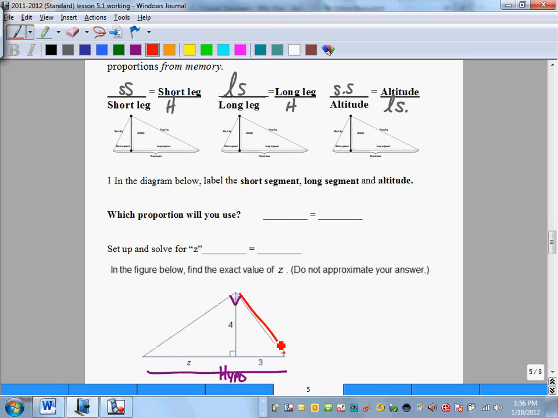This is my short leg, long leg, short segment, long segment. The segments are always pieces of the hypo created by the altitude. You should have these 6 things labeled in every single triangle. That should be the first thing you do: just label everything.